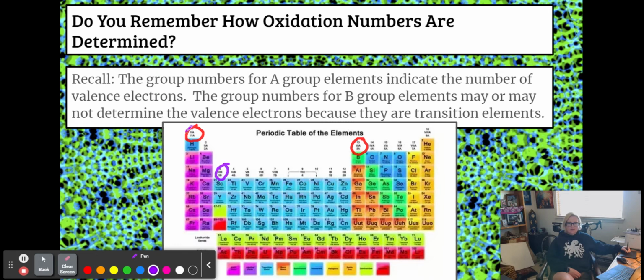The A group elements indicate the number of valence electrons. So for instance, group 1A means everything in this group or column has one valence electron. The B group elements, you might recall, are a little bit more difficult to discern their valence electron numbers because they are transition elements. That means they could have variable oxidation numbers, and that's going to play a role here when we move forward with the rest of this lesson.